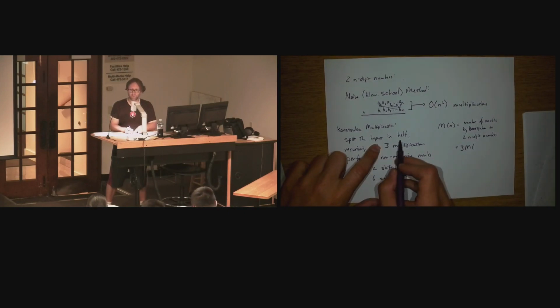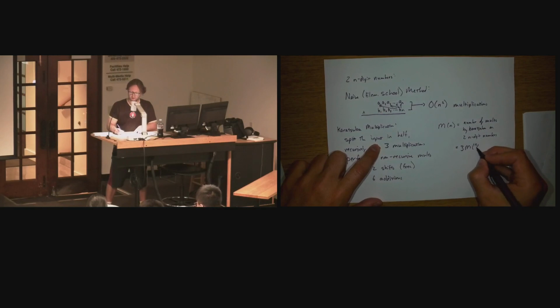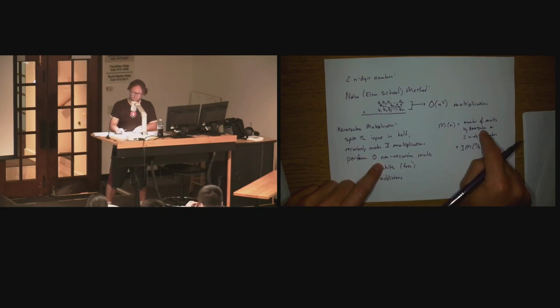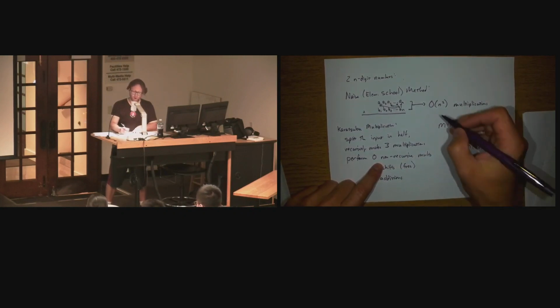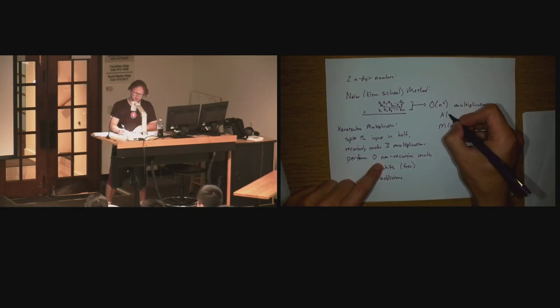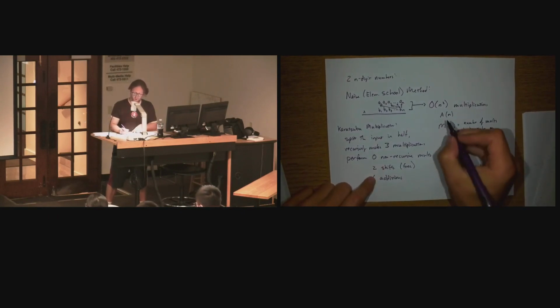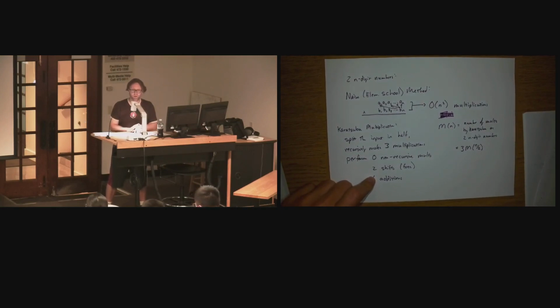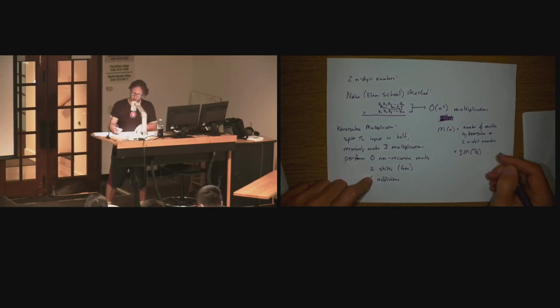Where it's cut in half. So the recurrence would look like this. And I perform how many non-recursive multiplications? M, I'm capturing the number of multiplications. If you want to, you can go with A to capture the number of additions, or S to capture the number of shifts. But the whole reason of me doing this is to cut down on the multiplication, so that's what I'm interested in. Right? How many non-recursive multiplications do I make?